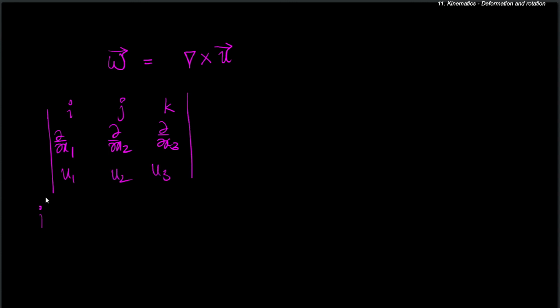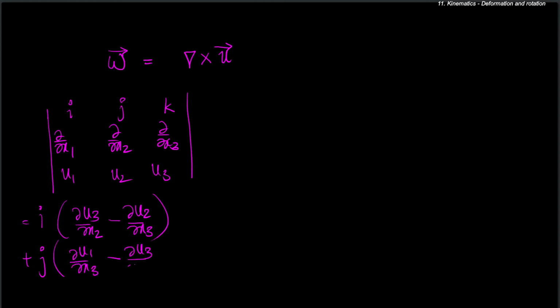So the i component of vorticity is del u3 del x2 minus del u2 del x3. The j component of vorticity is del u1 del x3 minus del u3 del x1, and the k component of vorticity is del u2 del x1 minus del u1 del x2.